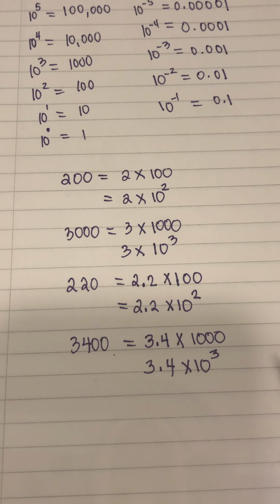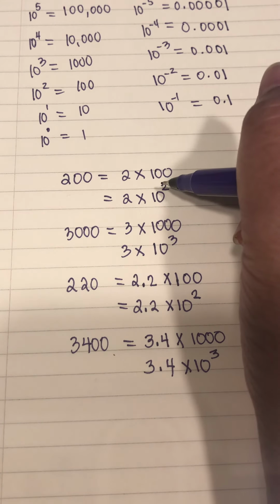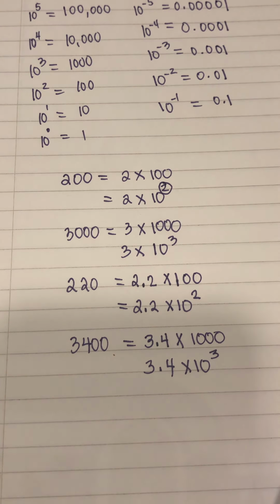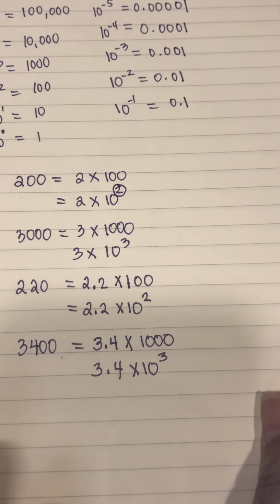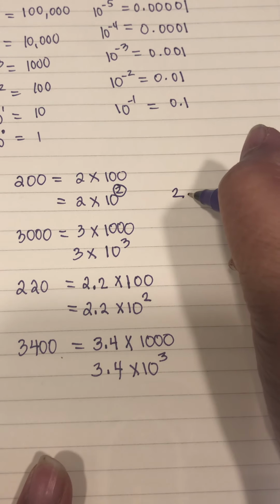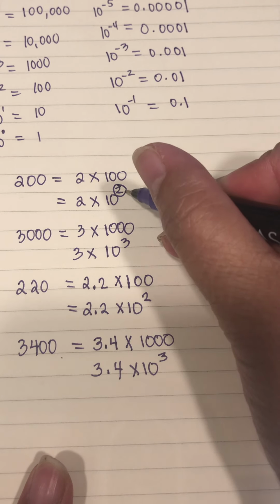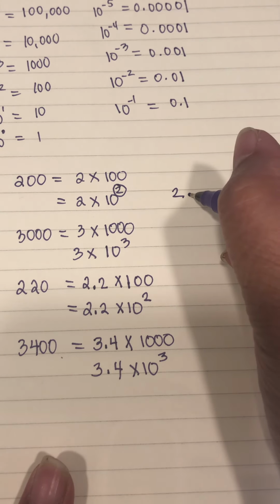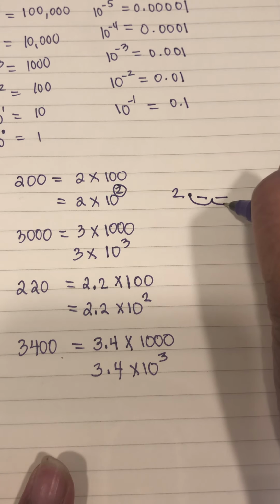I think by this time you're kind of seeing patterns here. So if I have an exponent of 2, look how many places did I move my 2. So now I would have 2 followed by a decimal point. And how many spaces did I move to the right? I moved twice. So now 1, 2.